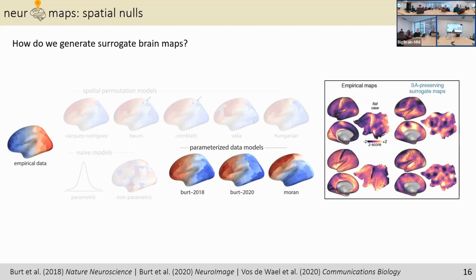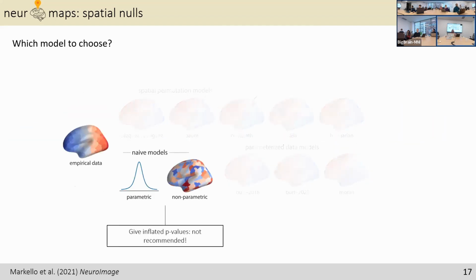So Joshua Burt, for example, created 2 different versions of these parameterized data models, and there's also the model that relies on the Moran spectral randomization measure, which has been developed by Reinder Vos de Wael from Boris Bernhardt's group.